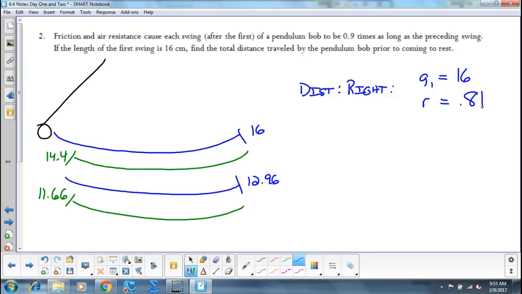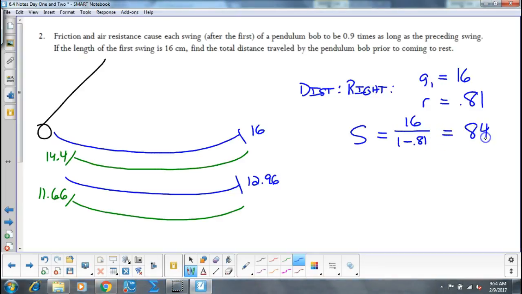Going to the right, it's 0.81. Any term divided by the term before it. So the sum for the right is going to be 16 over 1 minus 0.81. 84.2? Yeah.